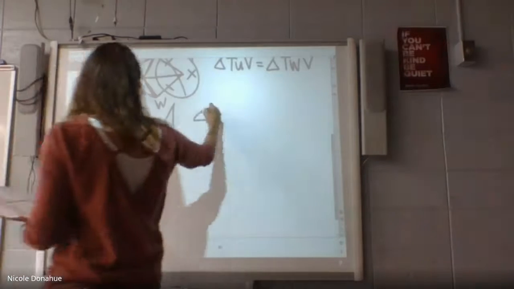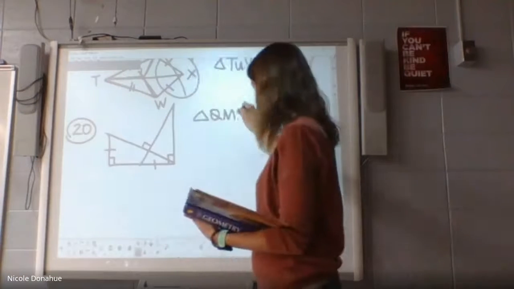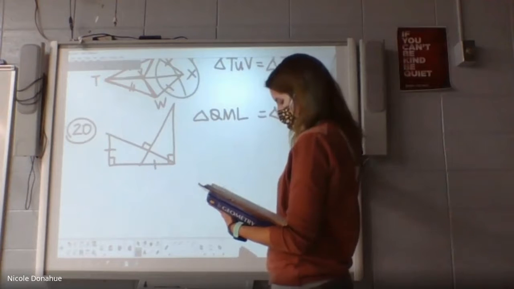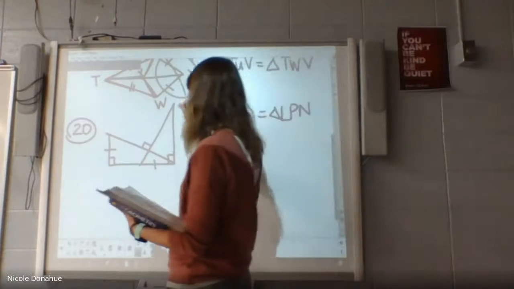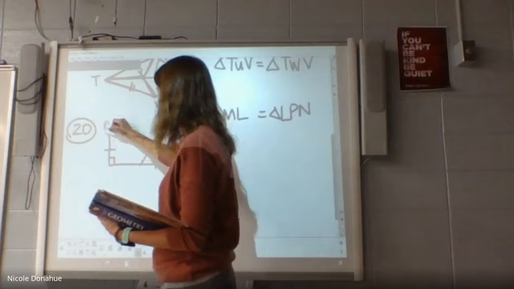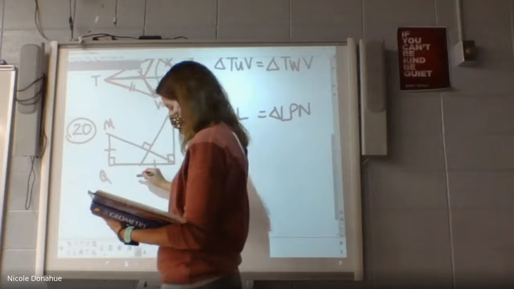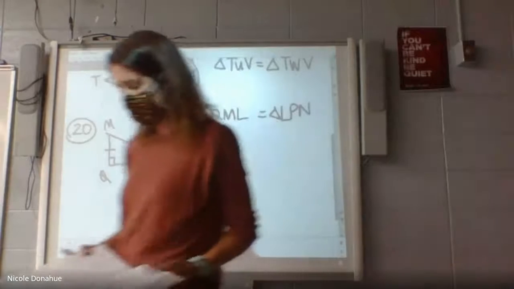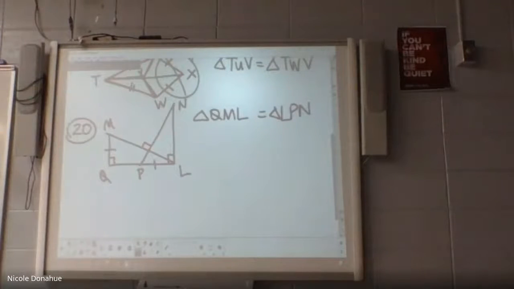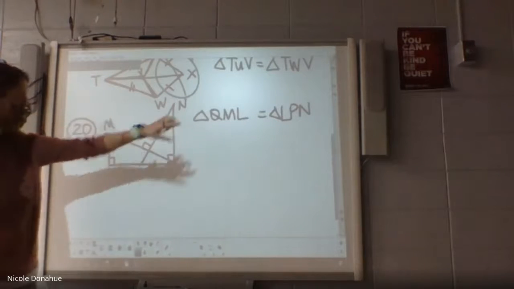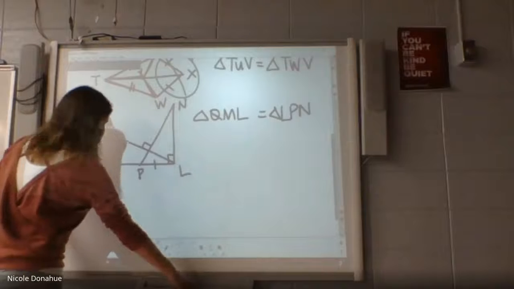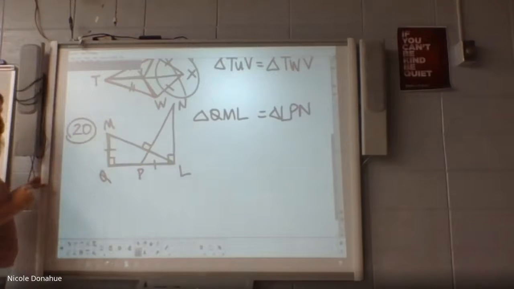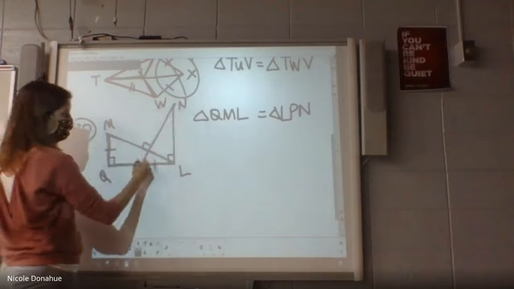We want QML equal to LPN. So they want QML. QML is this one. They want it to be equal to LPN, which is this one.